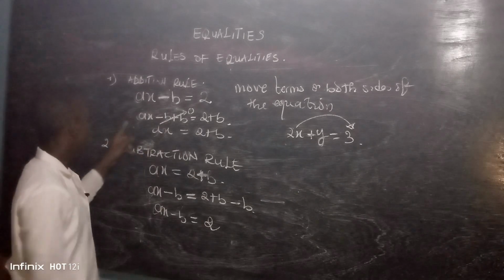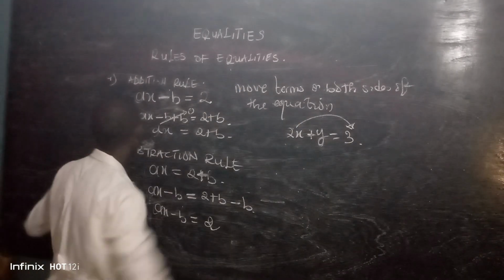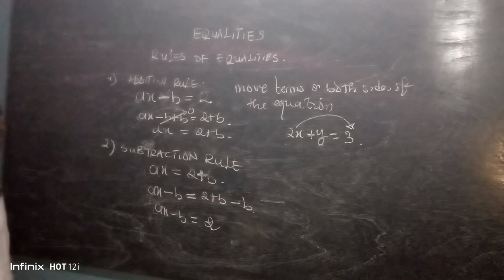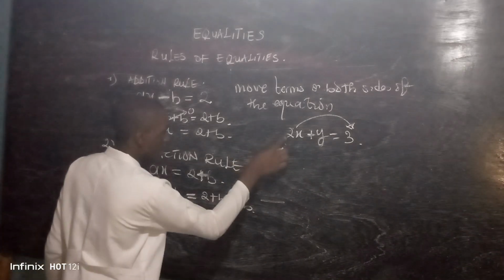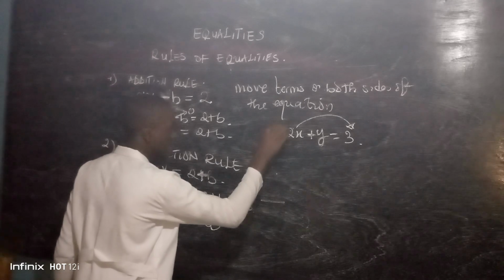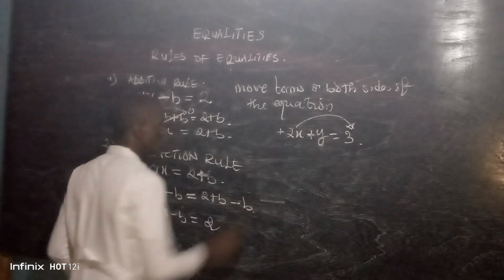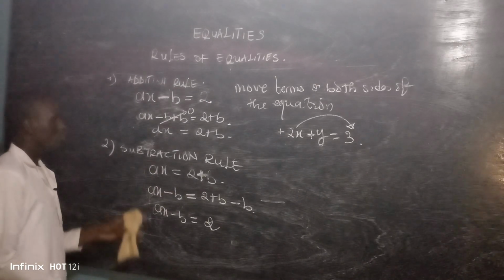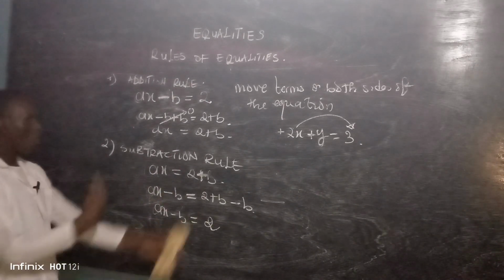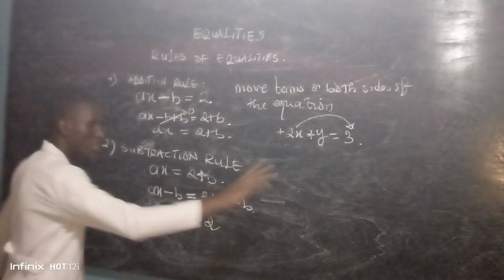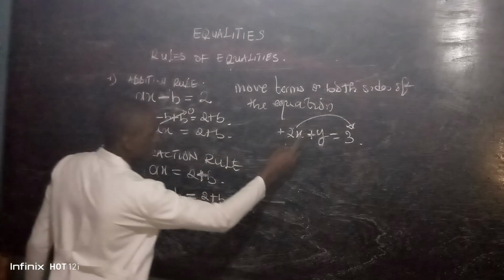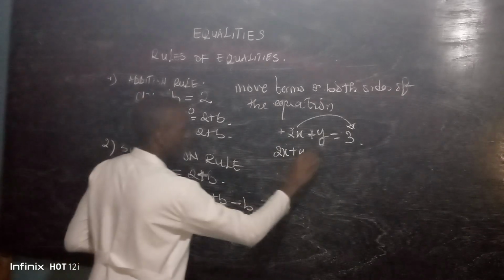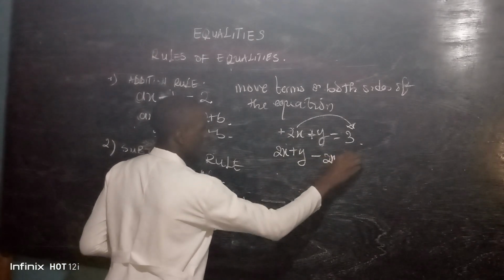Since I'm moving terms on both sides, I'm going to use the addition and subtraction rule of equality. Since 2x is positive, I'm going to use subtraction. You use the opposite rule to move the term. Since here is positive 2x, I'm going to subtract 2x on both sides of the equality.